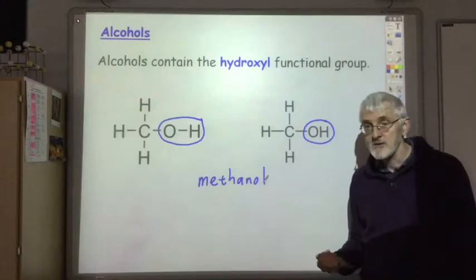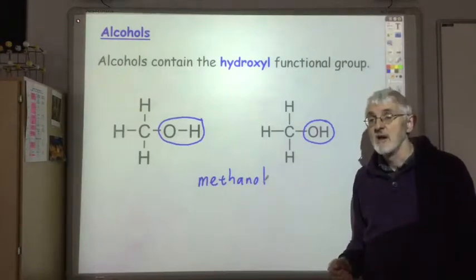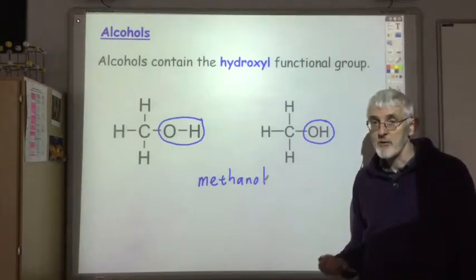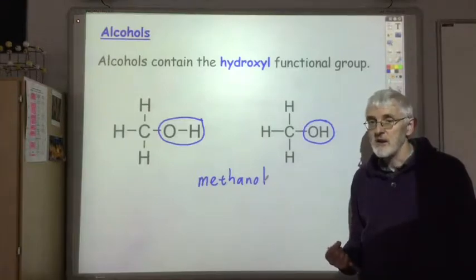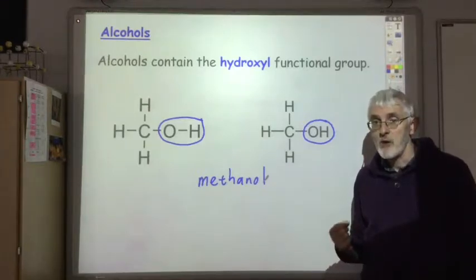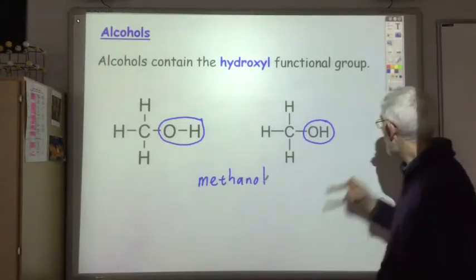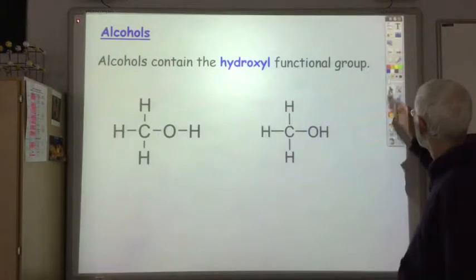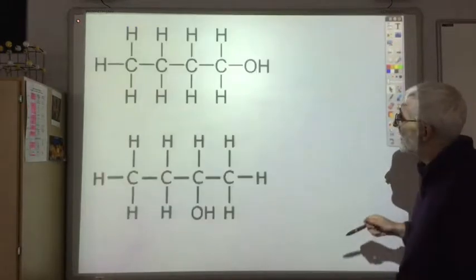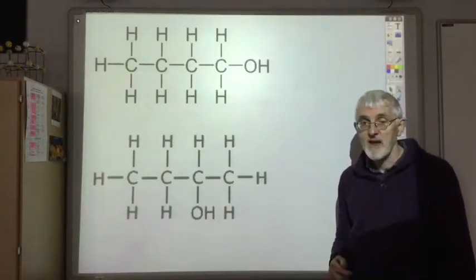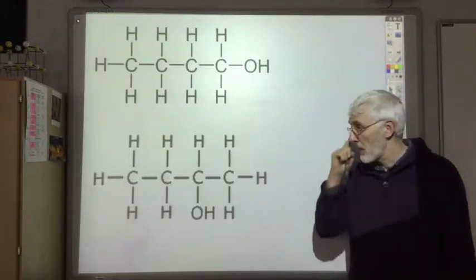If you have two carbons, you have ethanol. If you have three carbons, you have propanol. But once you get to three carbons, you have to say where the OH group is, because you have a choice to either have it at the end or have it in the middle. So here's two different forms of butanol.